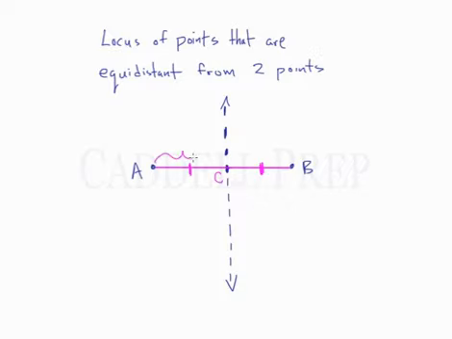So this length, call it length L, would be the same as this length, also length L. Another thing to know is that when this line comes down through line segment AB, not only does it bisect it, it's perpendicular to it as well. This is a 90-degree angle. So the line that is the locus of points equidistant from points A and B is a line that would be the perpendicular bisector of line segment AB if it were to exist.